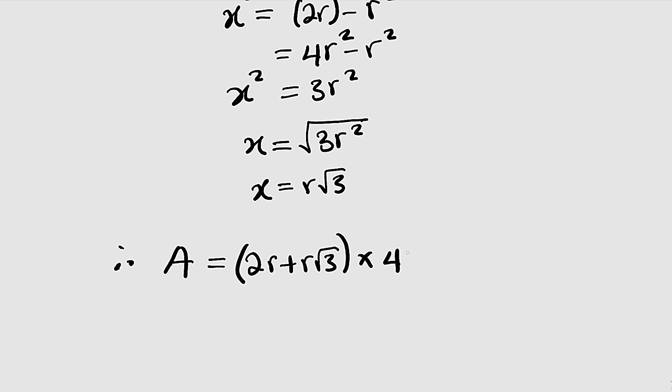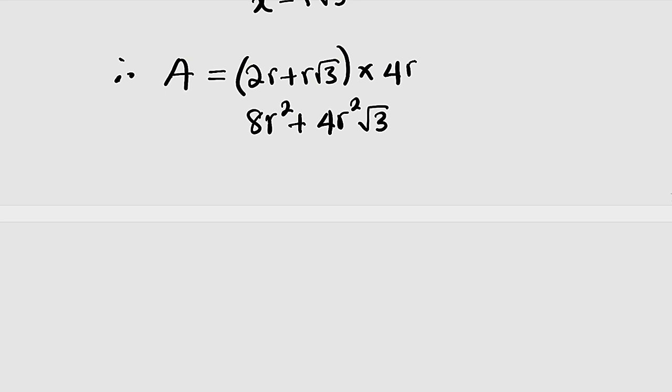If you like, you can bring the r out right away, or otherwise let us expand. This time this will give us 8r squared. Then plus, this time this will give us 4r squared root 3, right? 4r squared root 3.